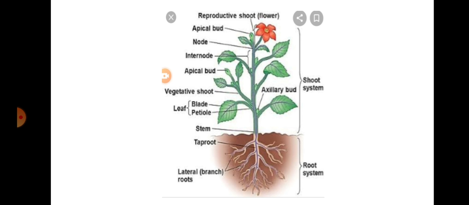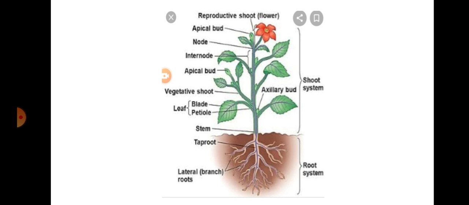What are the vegetative parts? Shoot, buds, node. These are used for vegetative propagation. Only one parent can produce identical offspring in vegetative propagation.